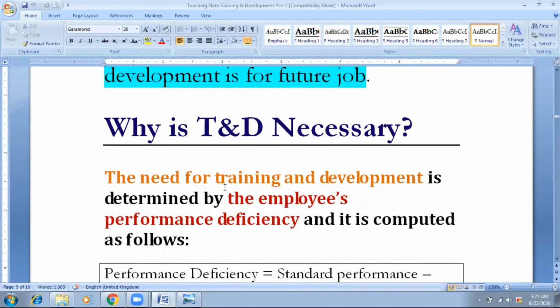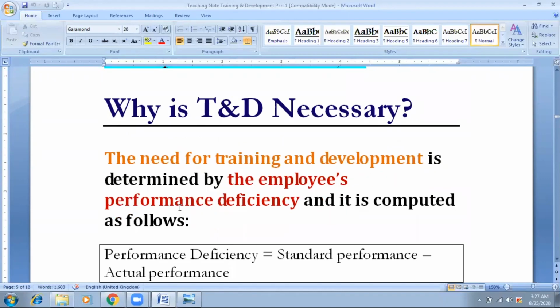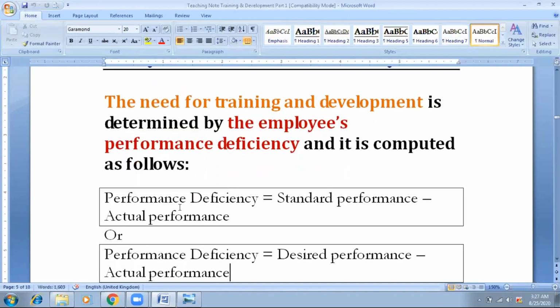The need for training and development is determined by the employee's performance deficiency, and it is computed as follows. What is performance deficiency? Standard performance minus actual performance.